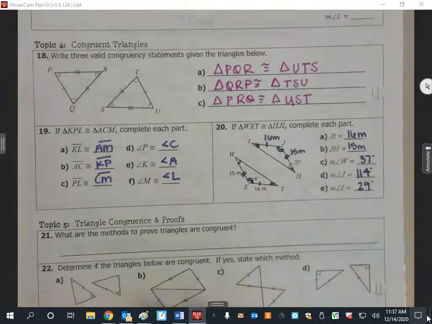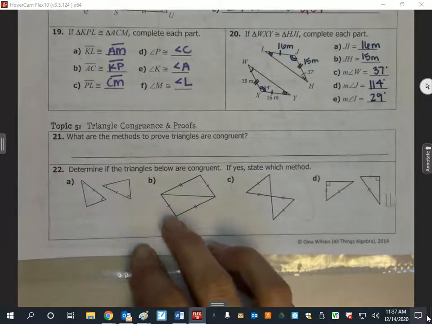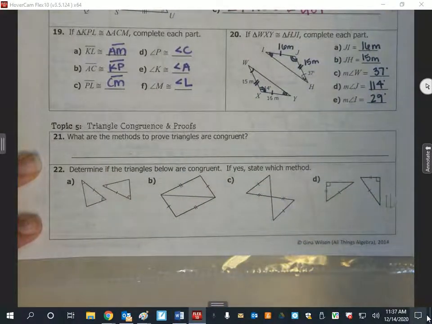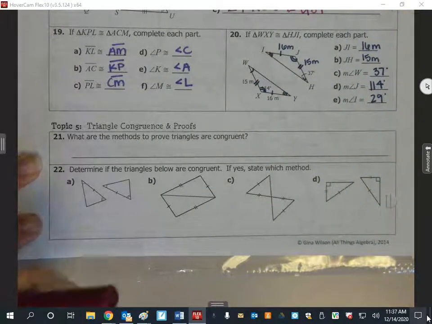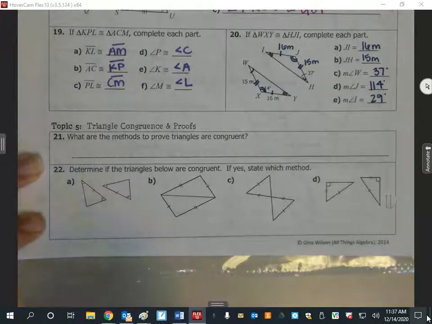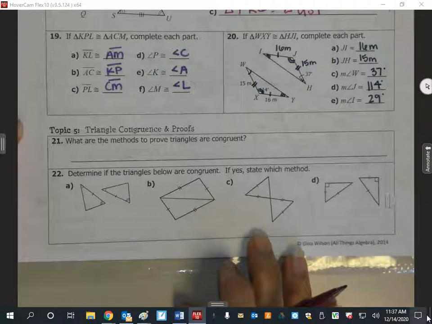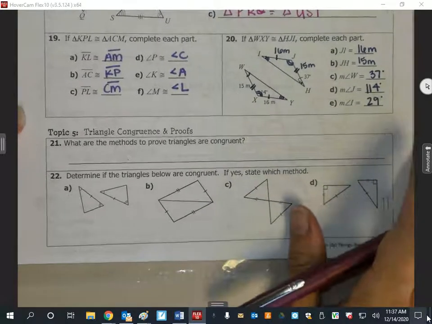All right, so 21. Which are the methods to prove that triangles are congruent? I just want you to list out those triangle congruency methods that we've talked about. So choose the one that does not fit. Which one of the following is not a triangle congruence method? Choose all that apply. There should be 2 of them.